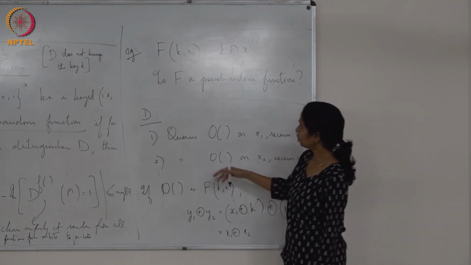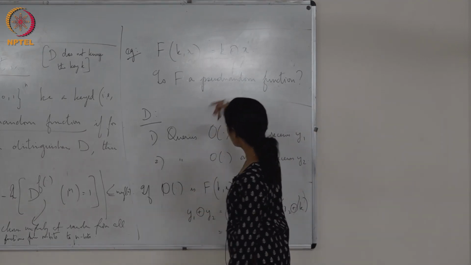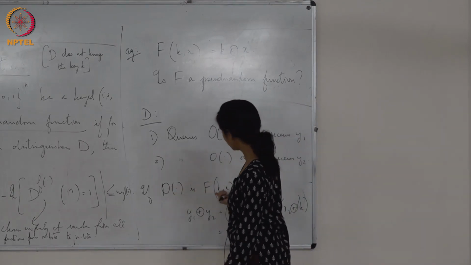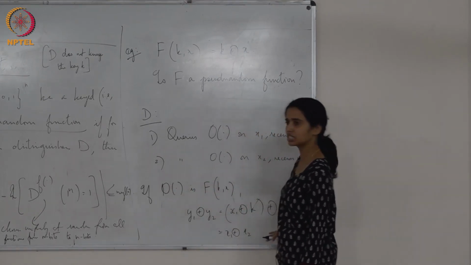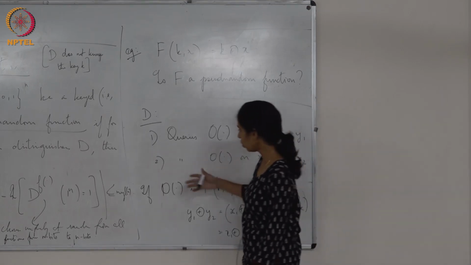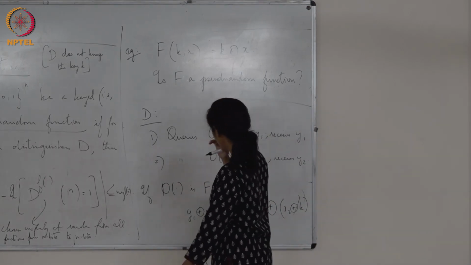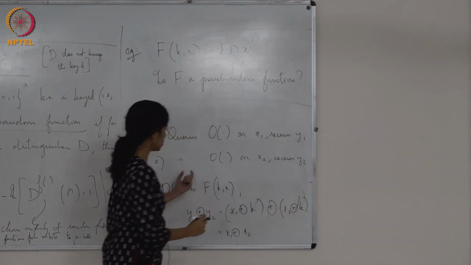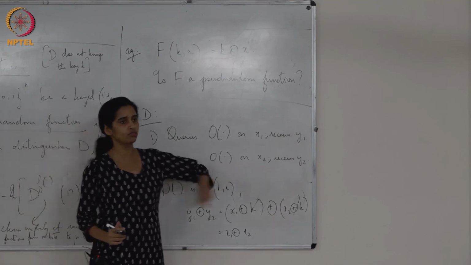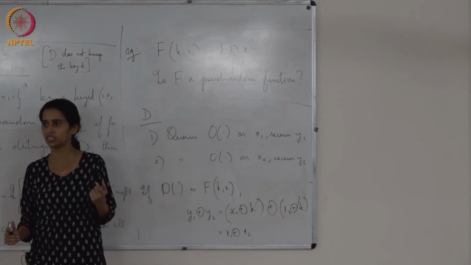Now, O is either this f of k comma x or a truly random function. Is this clear to everybody, why this is true? If O were a truly random function, then this y2 would be chosen uniformly at random from the set of all 2 to the n strings.